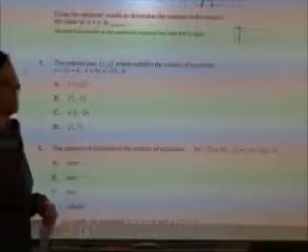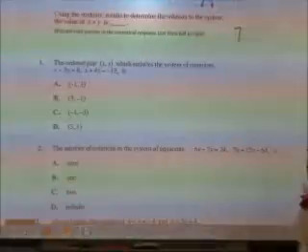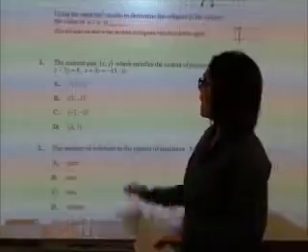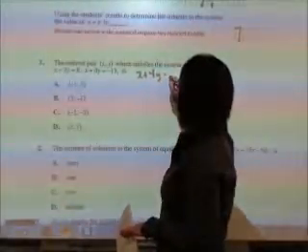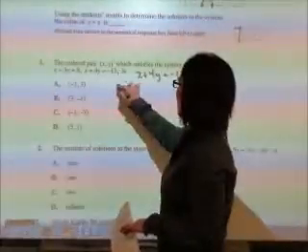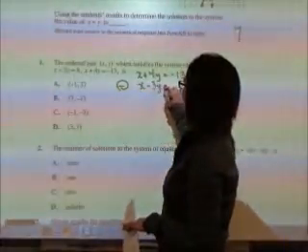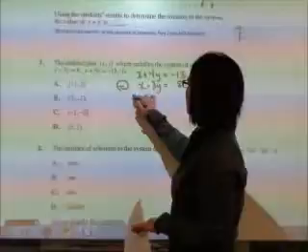Okay, question number 1. The ordered pair which satisfies the following system of equations is what? So I can graph these, I can solve them by elimination or by substitution, whichever you find easiest. If I look at this, x plus 4y equals -13, minus x minus 3y equals 8.